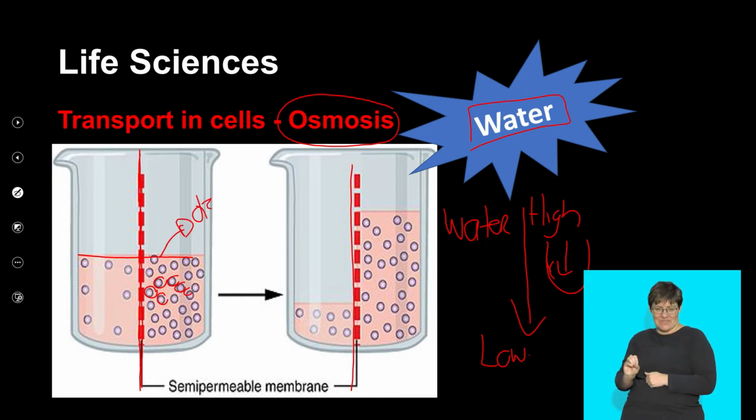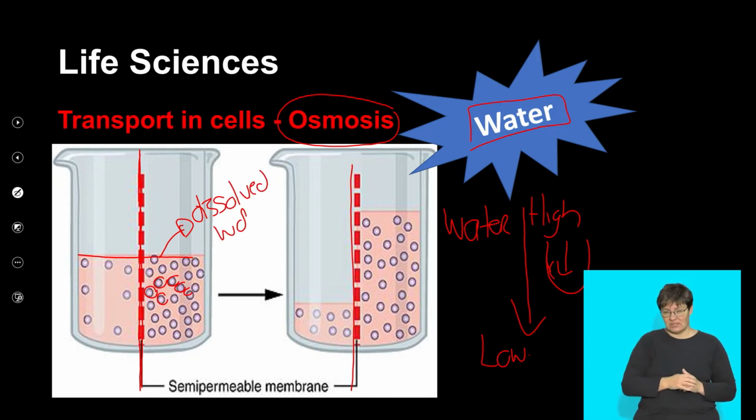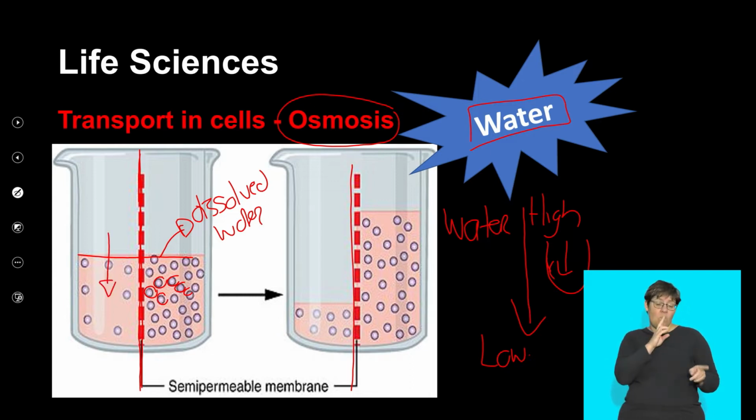For example, it could be sugar or salt, dissolved in the water. So I've got more water on this side and less water on the other side because I've got more dissolved substances. So this has a high water potential. Where does my water move? From an area of high concentration to an area of low concentration.